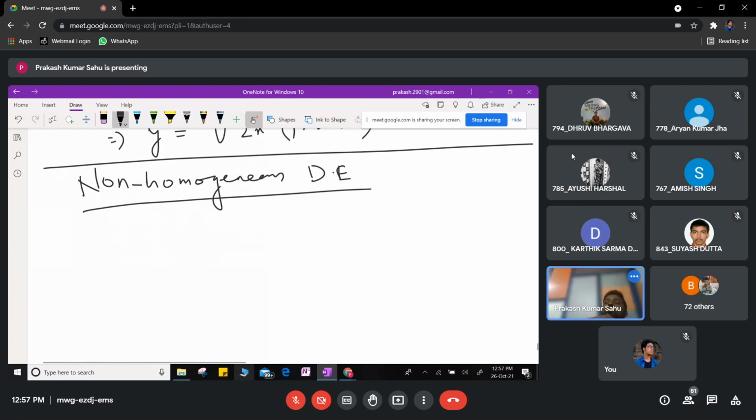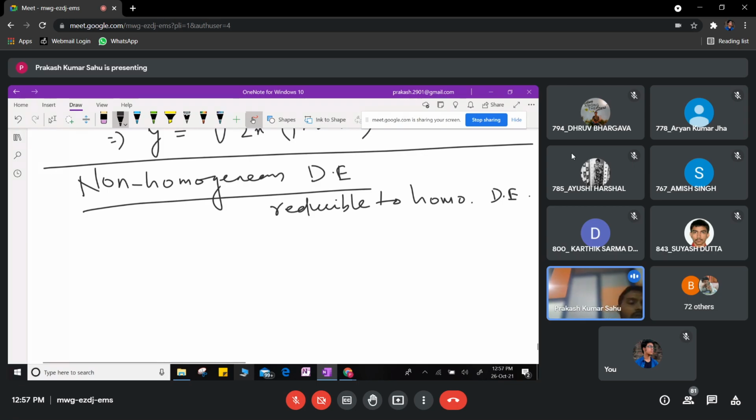And this non-homogeneous differential equation we solved when it is reducible to homogeneous. So we can say this non-homogeneous differential equation is reducible to a homogeneous differential equation, and then we can solve it.